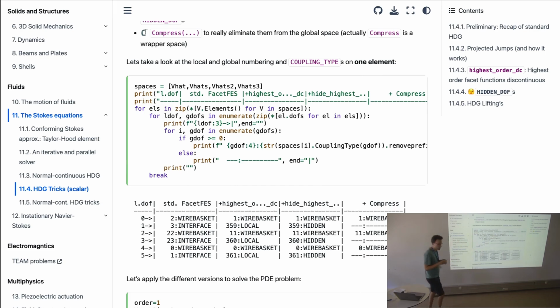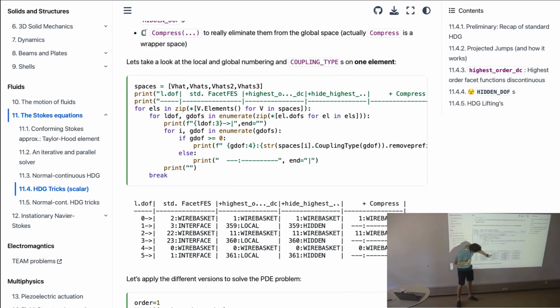Wire basket is a special interface DOF that is used for some preconditioners. It doesn't matter, so these are 6 interface DOFs. Now if I say highest order discontinuous, I still have 6 unknowns on each element. There are 6 because it's 3 facets and 2 unknowns for the P1 on an edge.